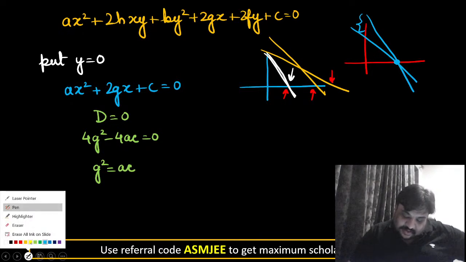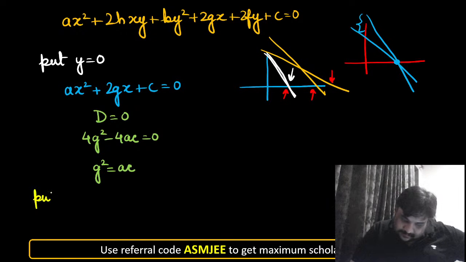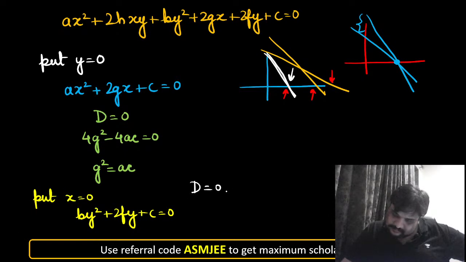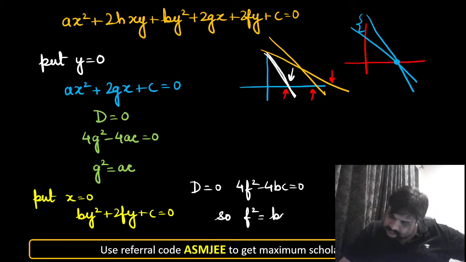Put x equal to 0 now. So f square is equal to bc.